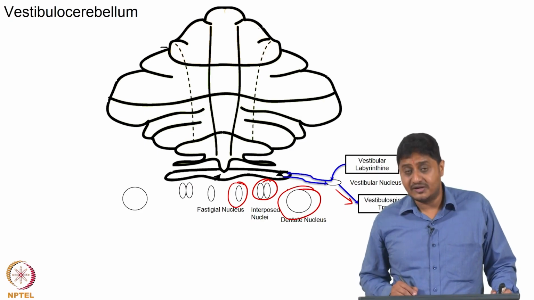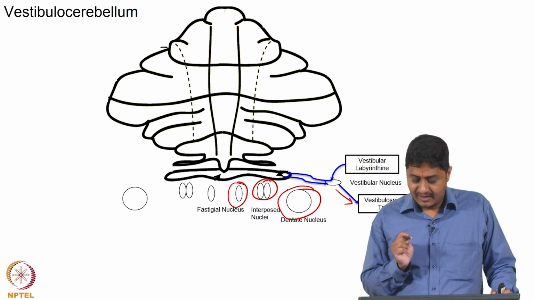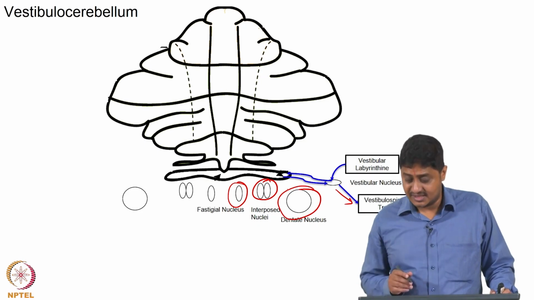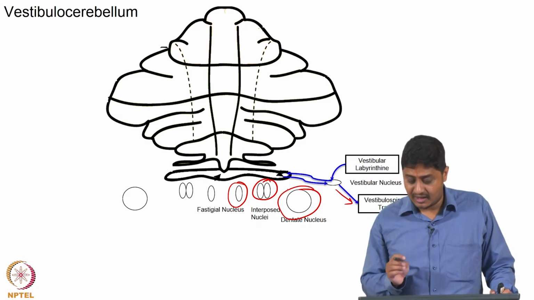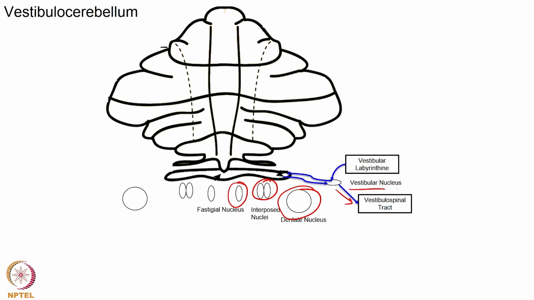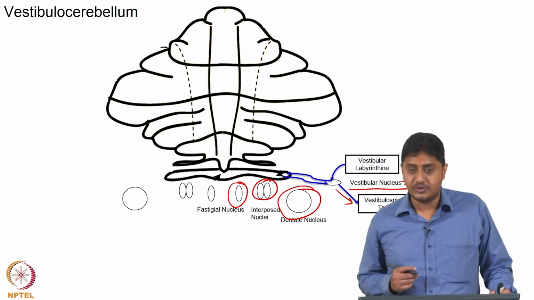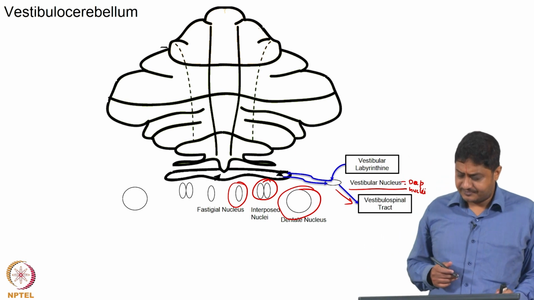These are the deep cerebellar nuclei, the major output structures of the cerebellum. The vestibular nuclei are considered both as input and also as the major output system. So, in some sense the vestibular nucleus is comparable to the deep nuclei in the sense that it is acting as an output nucleus of the cerebellum.